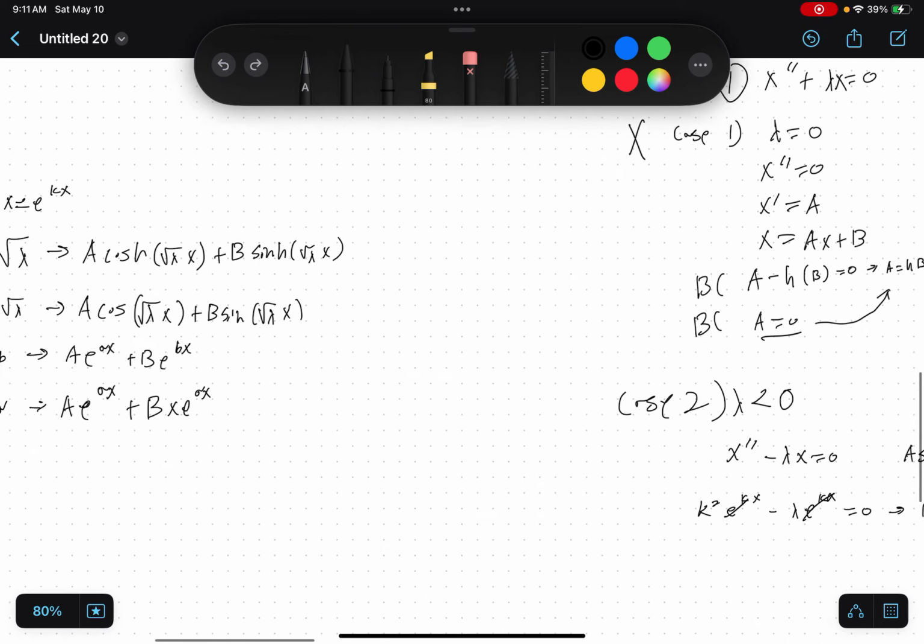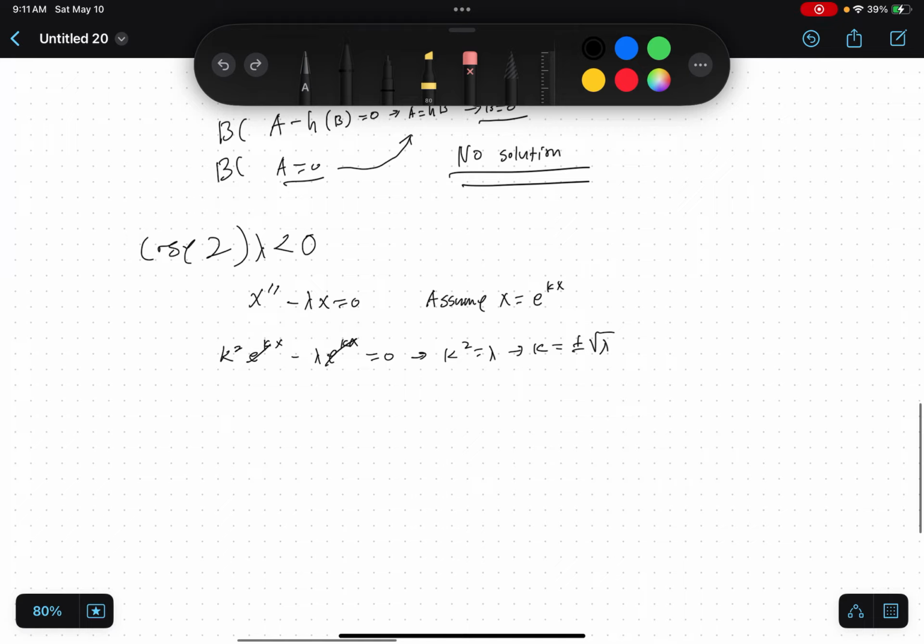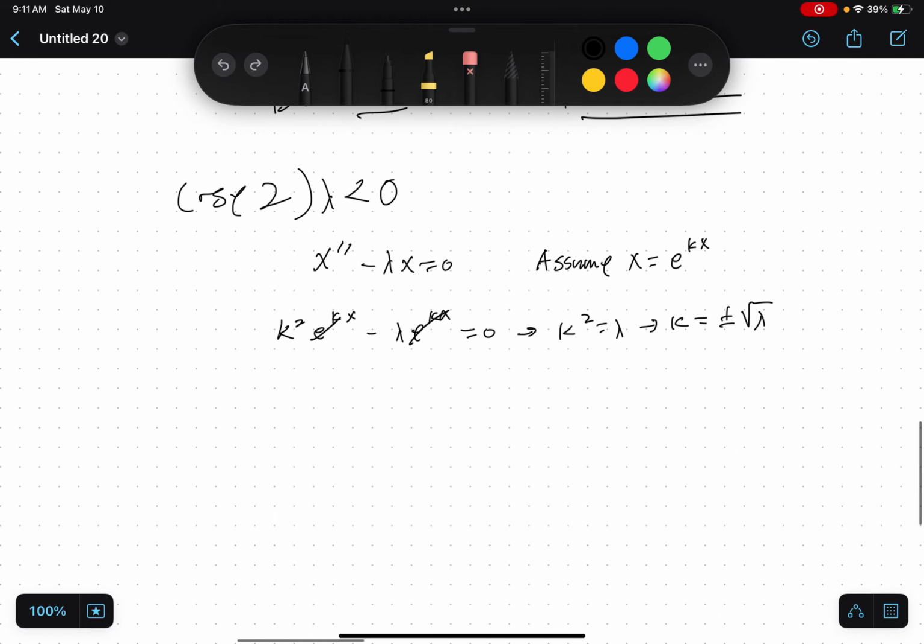So a cosine hyperbolic. Cool. So that's our solution form.